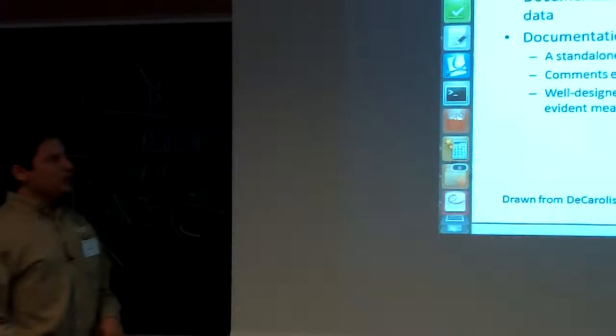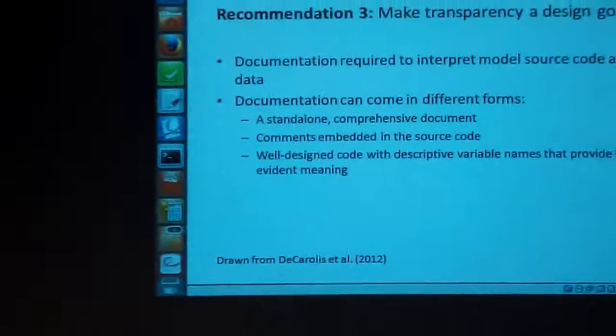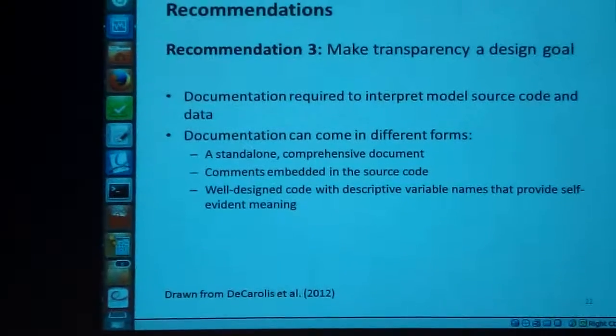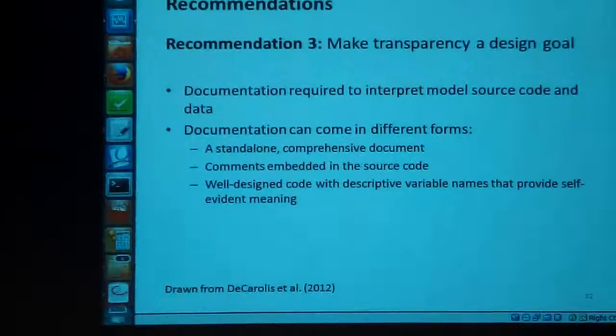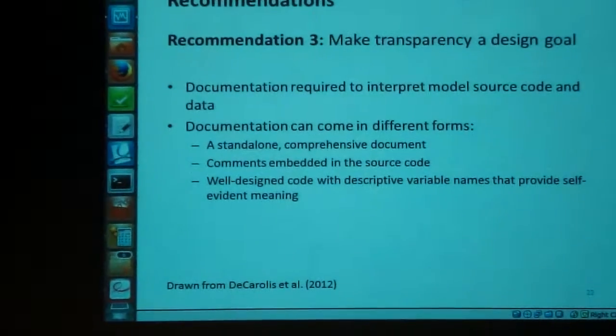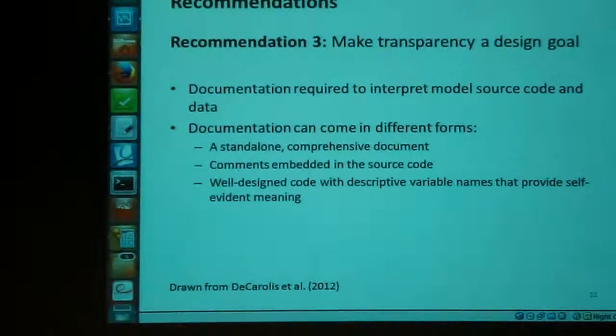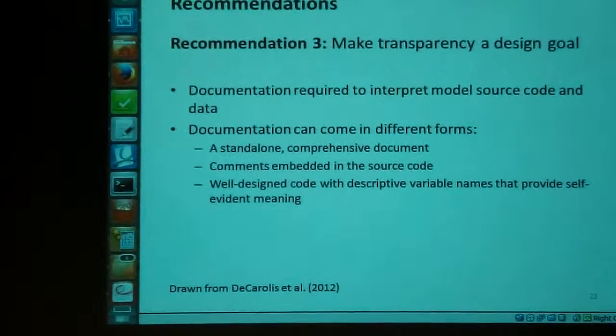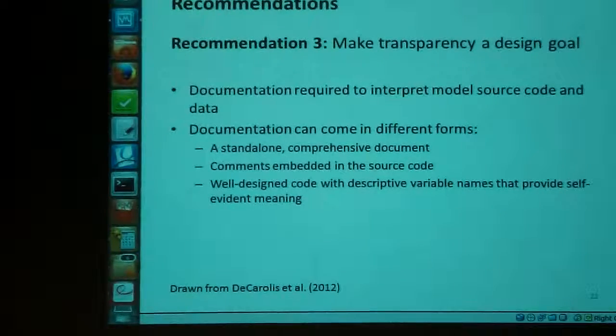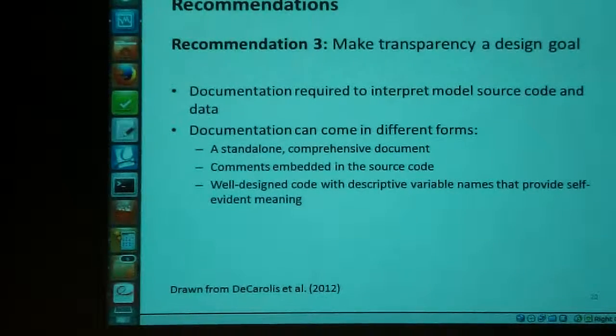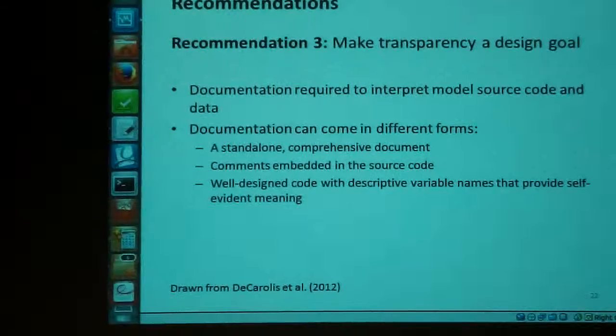The third recommendation is make transparency a design goal. It's great to make everything publicly accessible, but it's unlikely that someone's going to try and recreate everything from your source code alone. You need to provide some indication of what it is that you did. Right? So this often comes in the form of documentation. Many models do have technical documents that describe how they work.